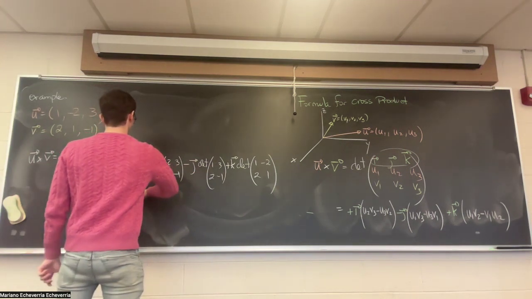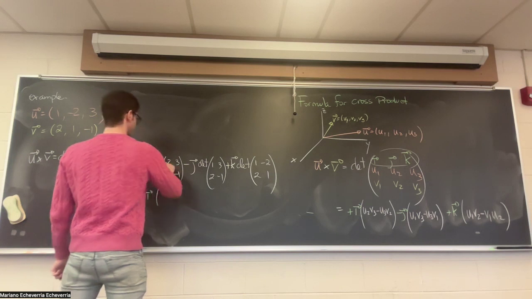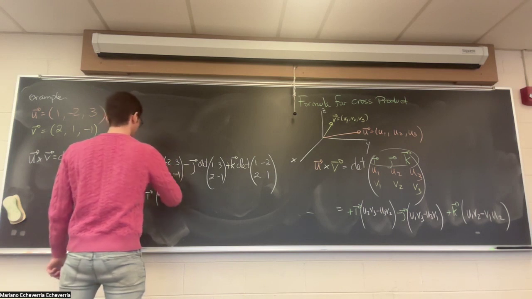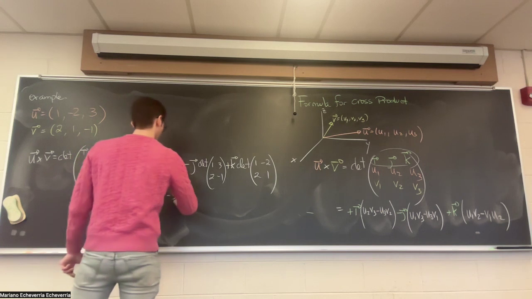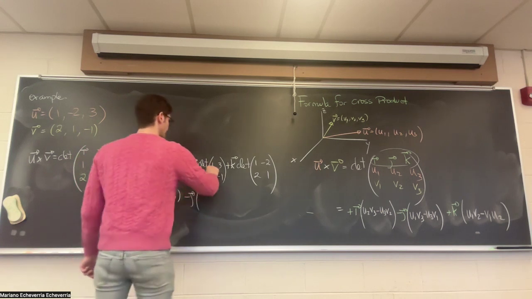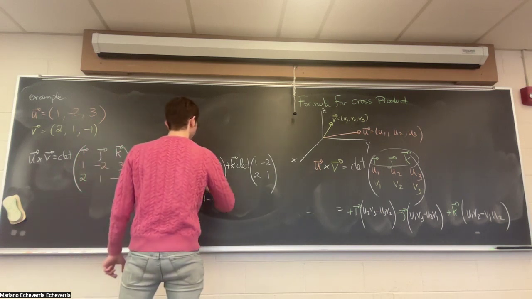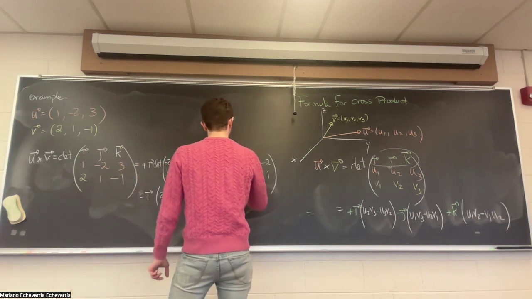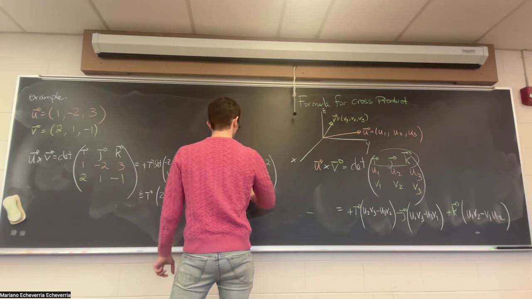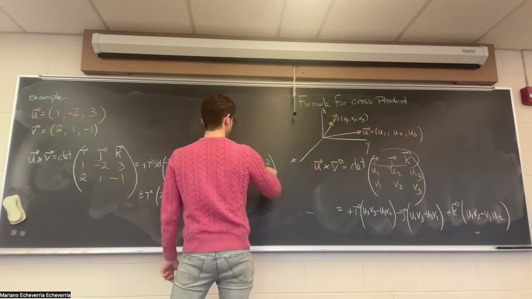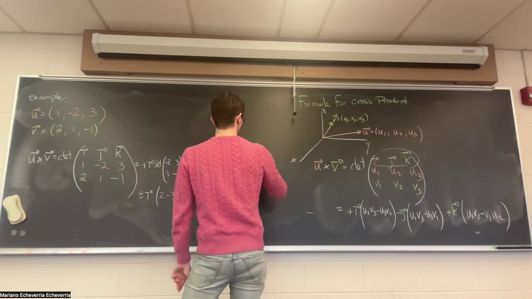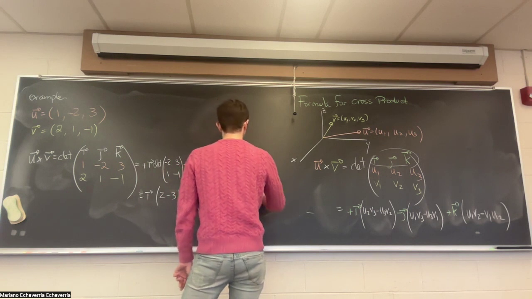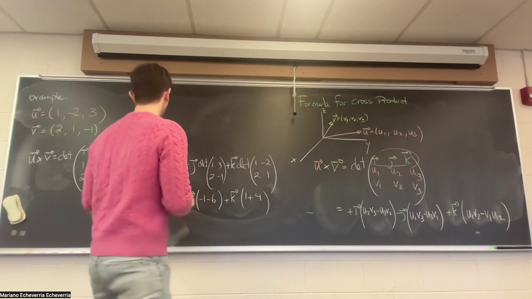So you get i times 2 - 3, minus j times -1 minus 6, plus k times 1, right? And then there's a minus from the formula. So this would have been -4, but there's a minus from the determinant formula, so it becomes +4. Okay.